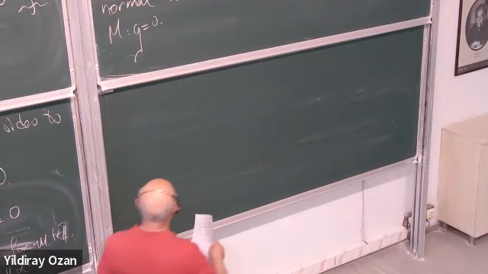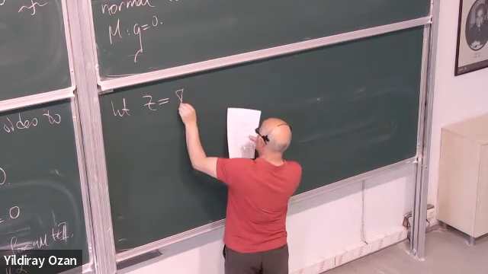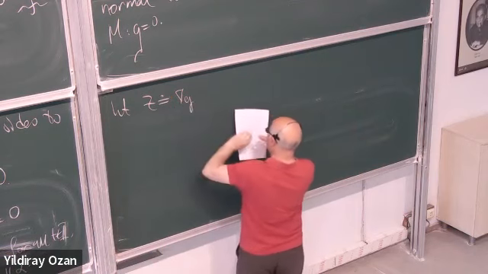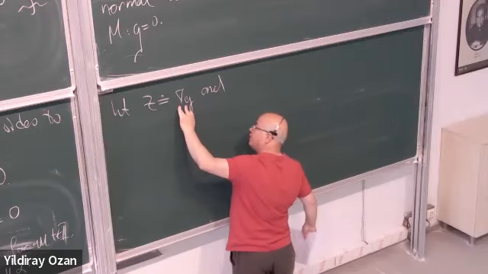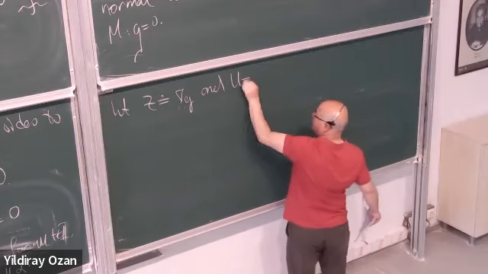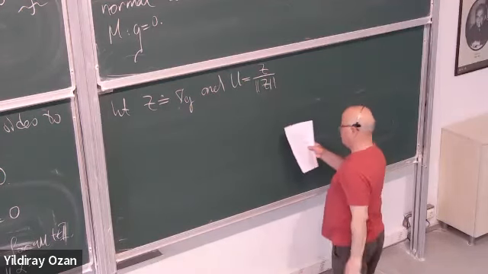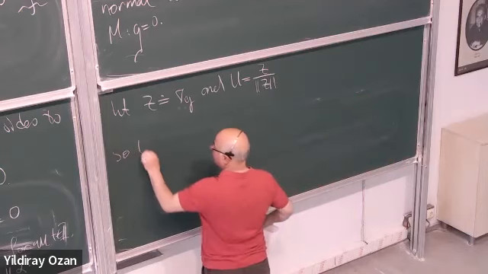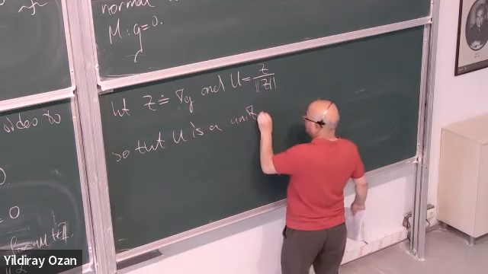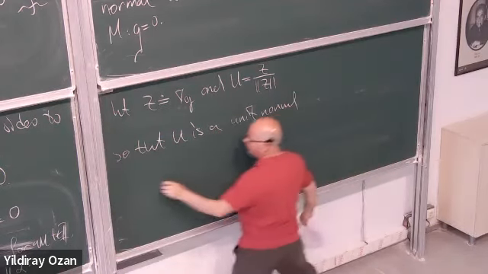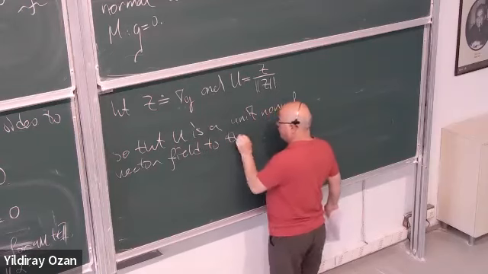All right, now let Z equal the gradient field, and I know that this is a non-zero vector, so I can divide it by its length, so that U is a unit normal vector field to the surface.